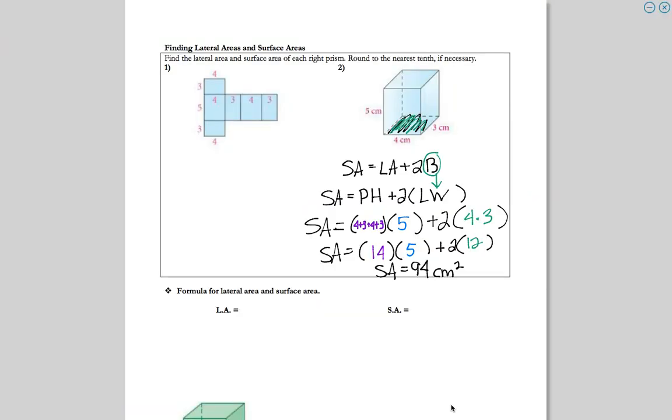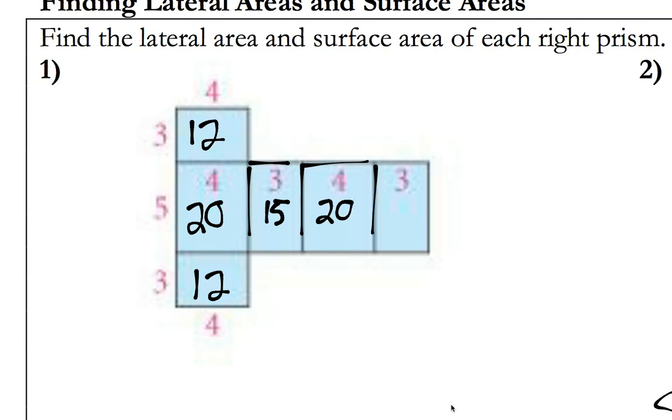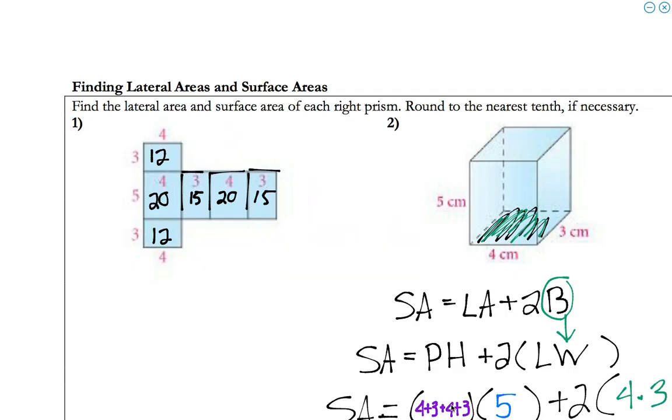So what we just did was we said 3 times 4 is 12, 3 times 4 is 12. This is 5 times 4 is 20. This is 5 times 3 is 15. 5 times 4 is 20. 5 times 3 is 15. We added those all up. Here's the 70.